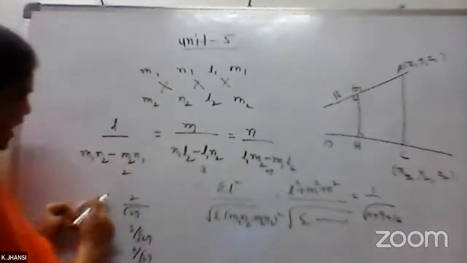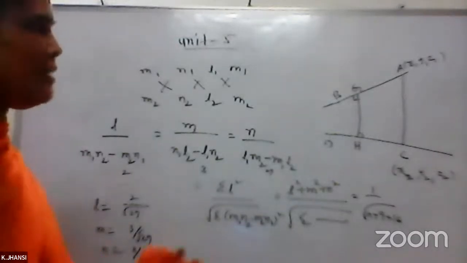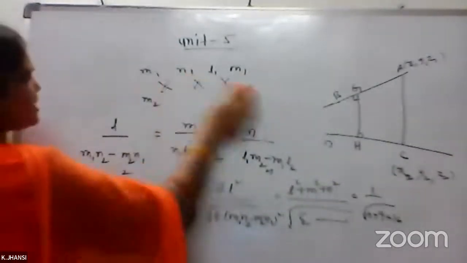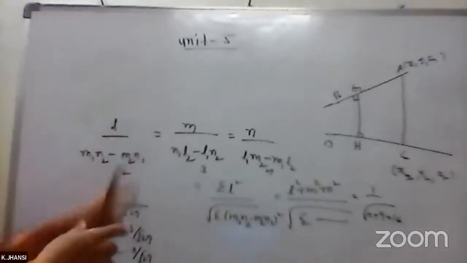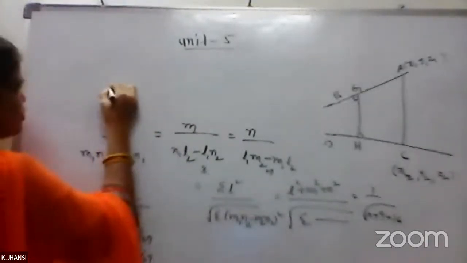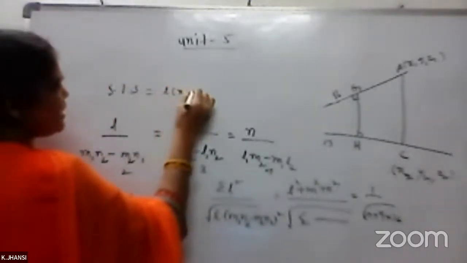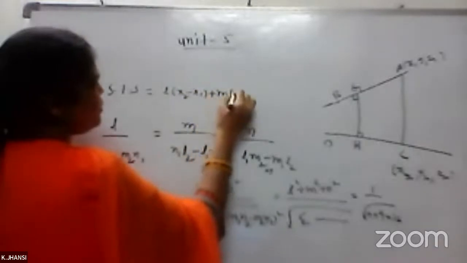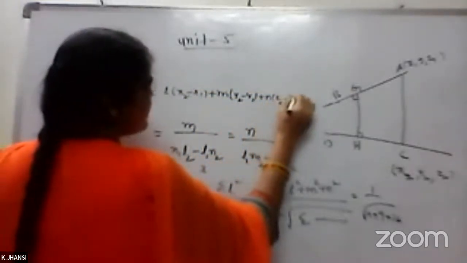After finding the l, m, n values, now the projection, that is the shortest line segment. For the shortest line segment, the formula is l into x2 minus x1 plus m into y2 minus y1 plus n into z2 minus z1.